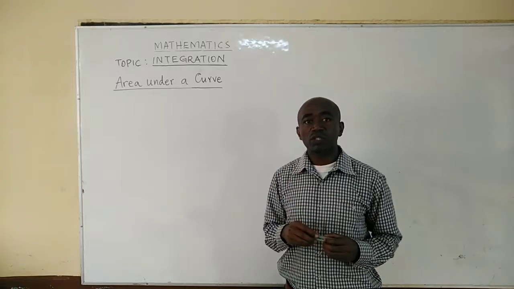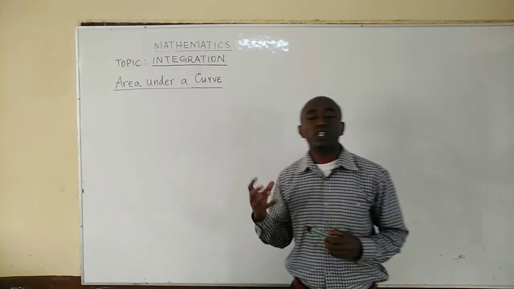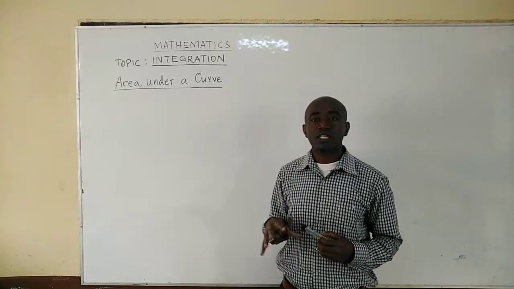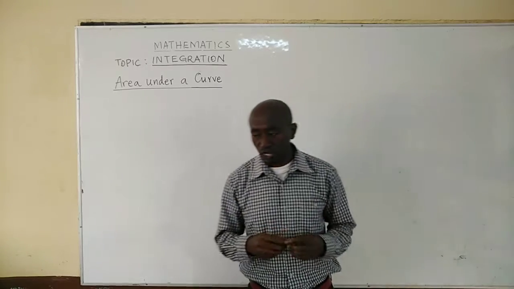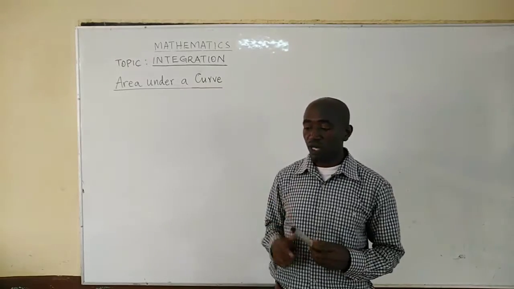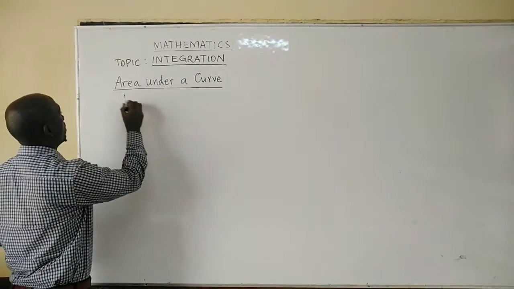In the cases where part of the region required is below the x-axis, what are you supposed to do? That is what we are going to deal with today. So let's look at one example, my dear learner.